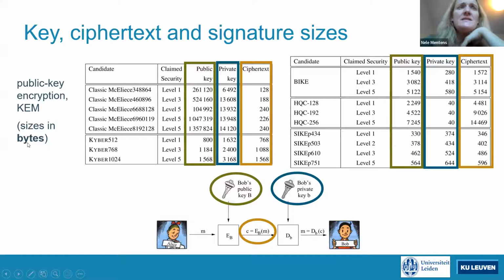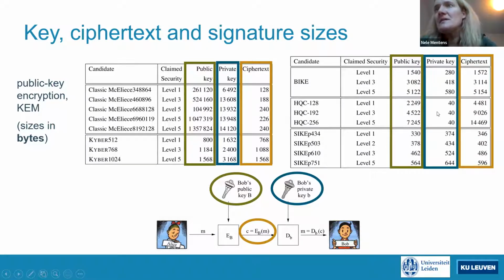But as you can see, and these numbers are in bytes, these are huge public key sizes, even for Kyber. Remember, when we looked at elliptic curve cryptography, for example, the key sizes were 256 bits. And so these numbers are much, much larger. Also, the private key sizes can be very large.